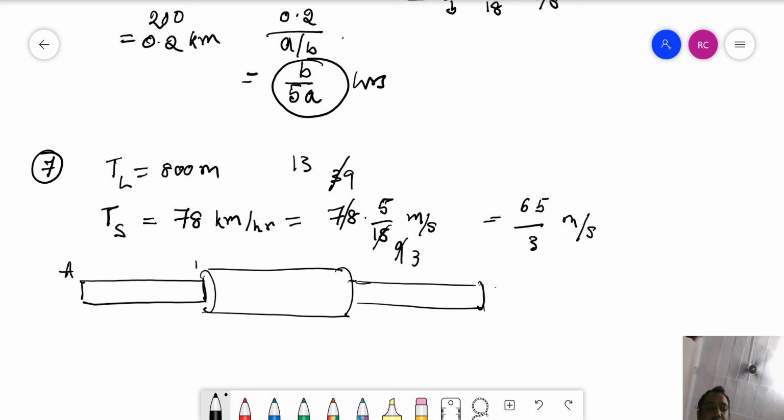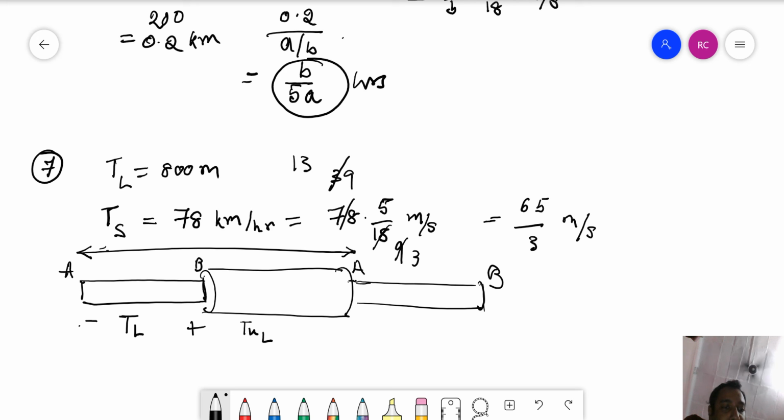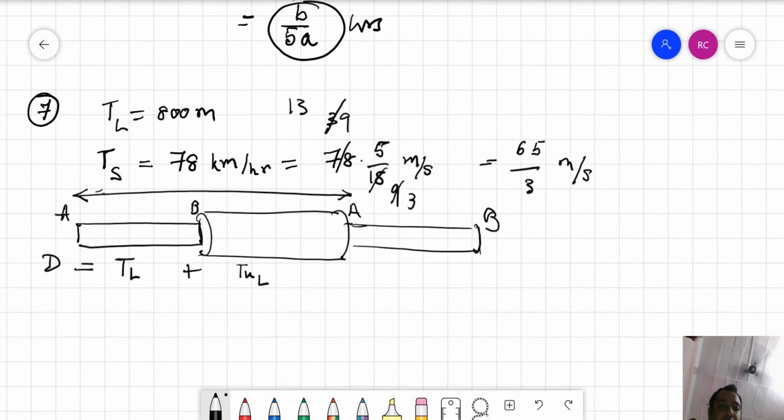So the distance traveled by the train while crossing the tunnel, how much is the distance? It is the length of the train and the length of the tunnel, and that is the distance.